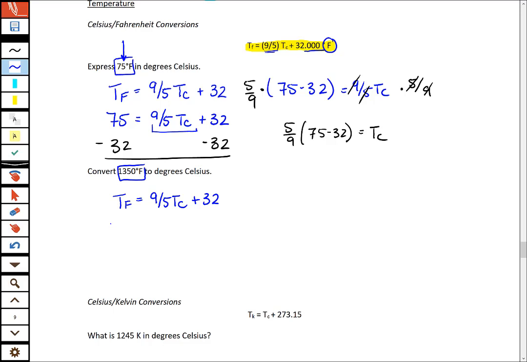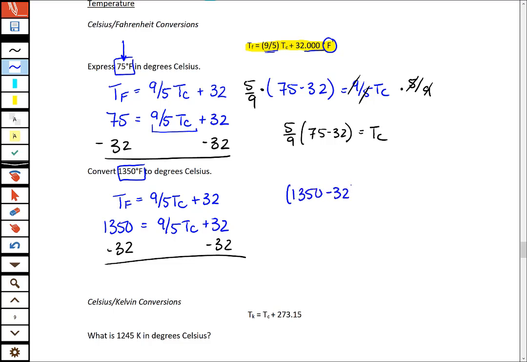It's the same direction. So we're going to put in our number here and go through the same process. Just like we did before, we'll subtract 32 and rewrite what we have, right?